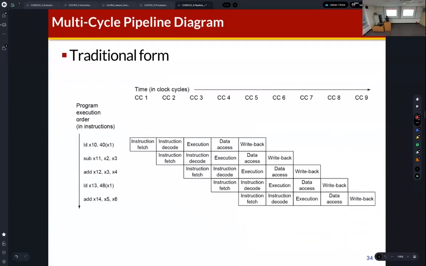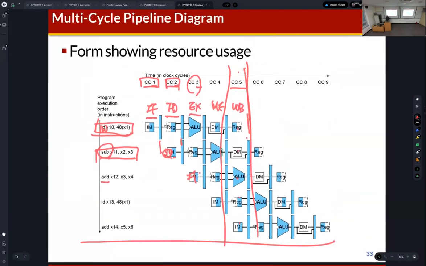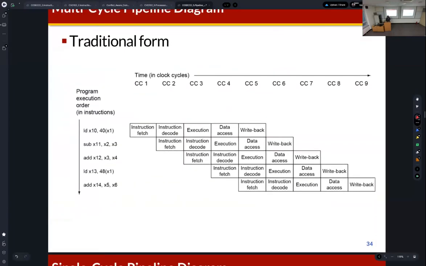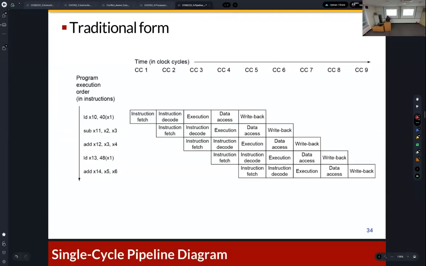Sometimes we can use this pipeline diagram and simplify the figures. We can use some rectangles to represent the timing of a pipeline process like this. I frequently use characters like instruction fetch, ID, execution, memory, and write back.